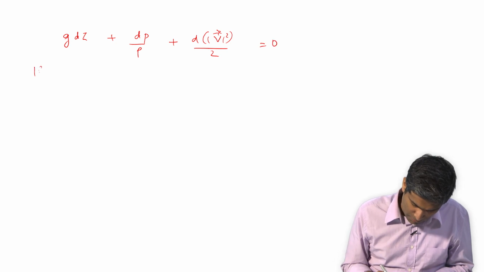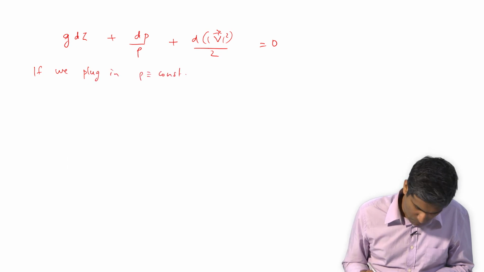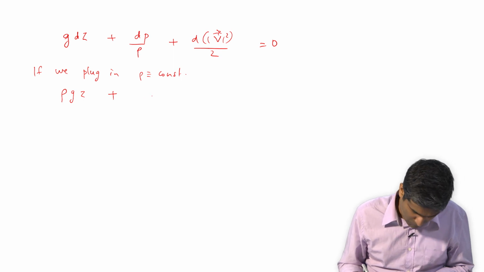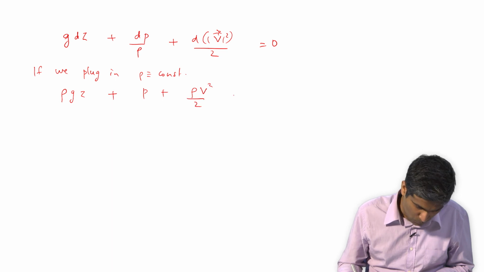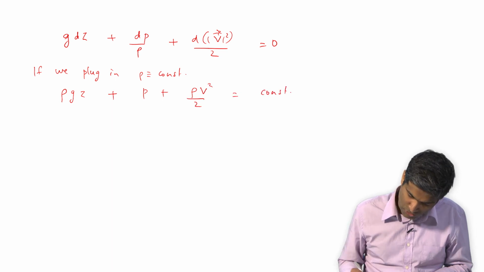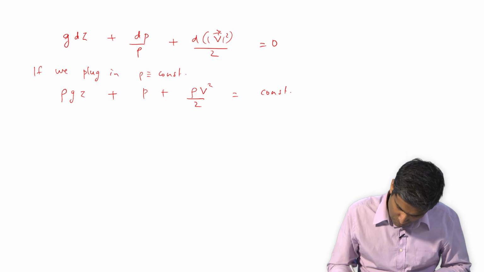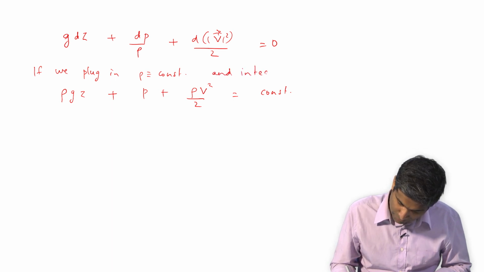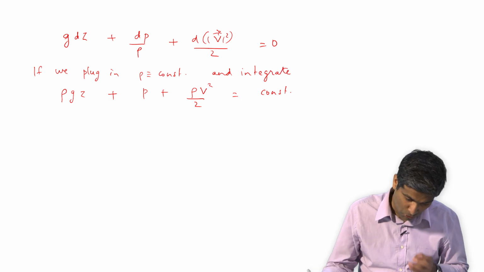And if we plug in rho is constant, we would get rho g z plus p plus rho V squared by 2 is a constant, and this would follow by integrating this first equation on top.